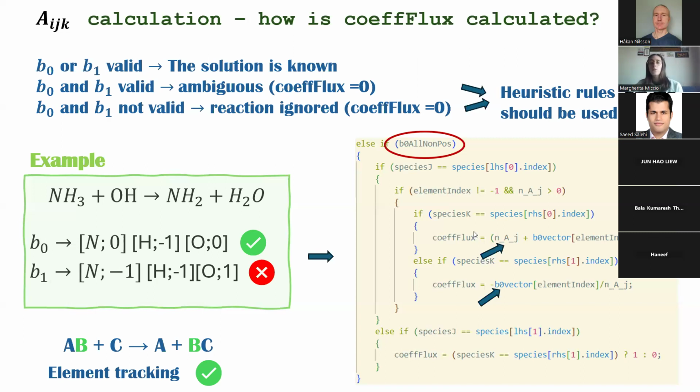In this way, the element tracking is successful, since we know exactly where the hydrogen is coming from and where it is going, and we can implement this rule into the code for B0 all non-positive. The same thing has been done also for B0 all non-negative, B1 all non-positive, and B1 all non-negative. So the same type of code we will find also for the other options.